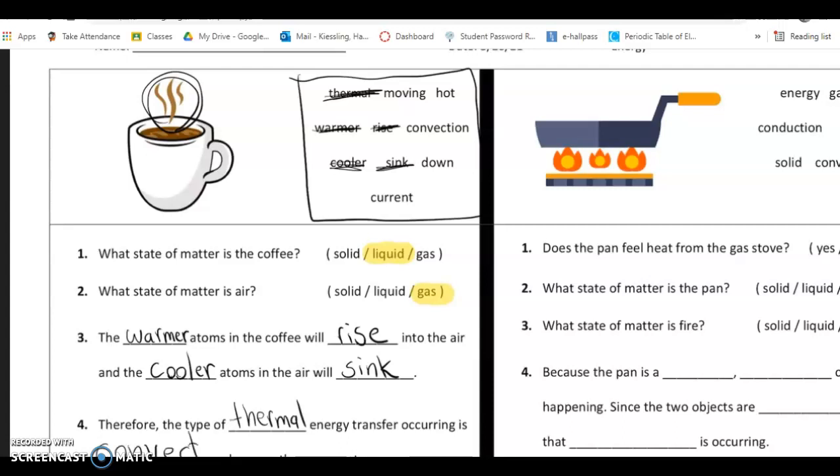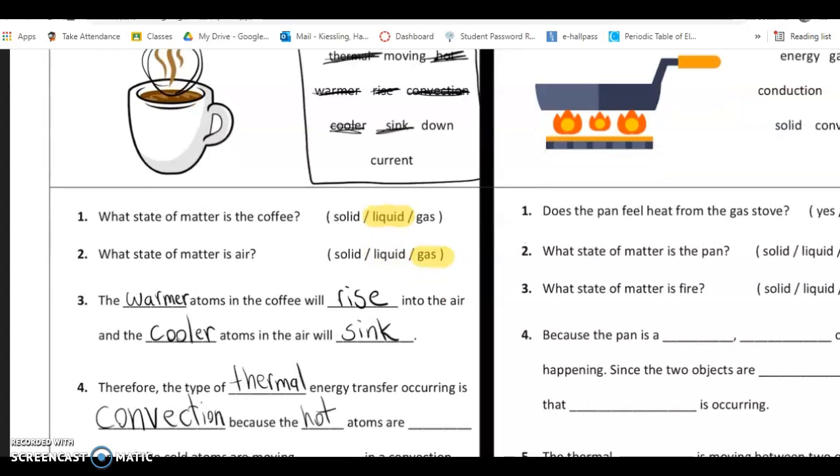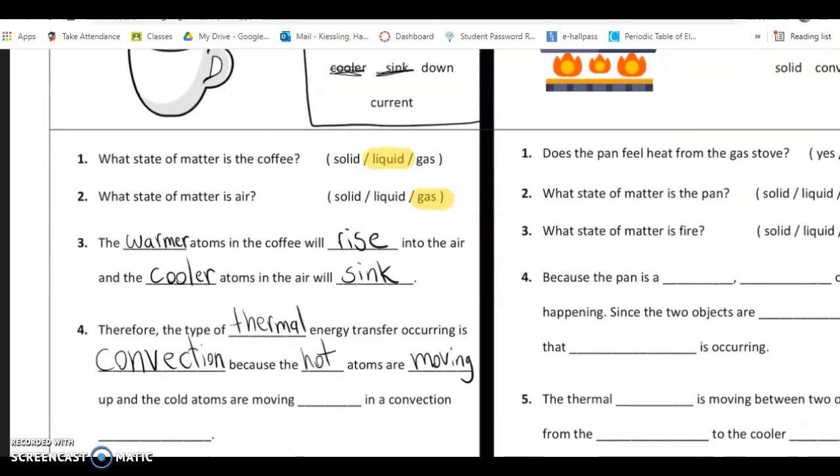And it's convection because blank atoms are blank up. Xavier? Close. Hot atoms are doing what, Dennis? Uh-huh. They're moving up. And so cold atoms are moving where, Julio? Down.